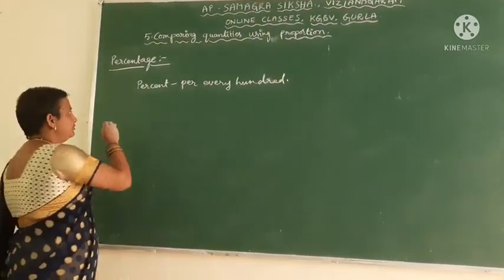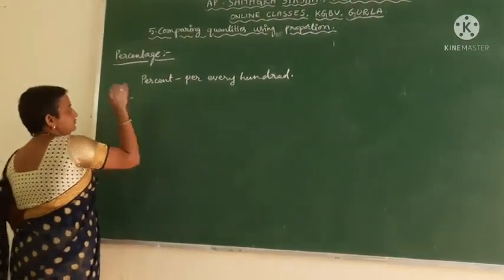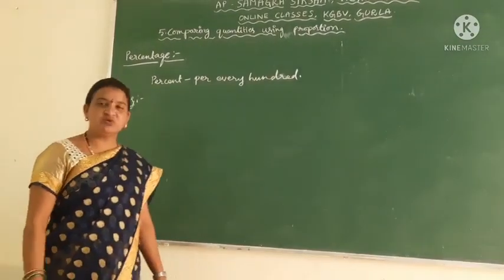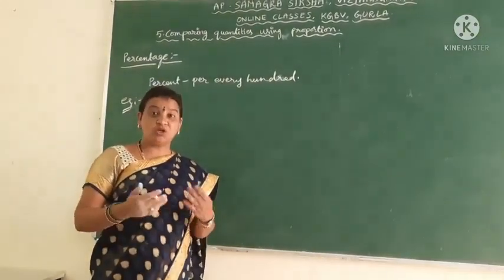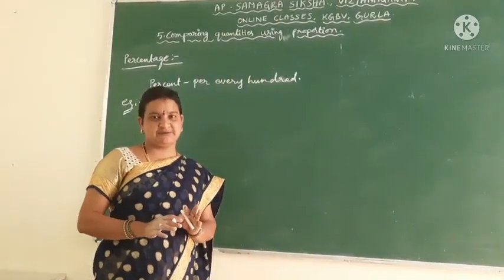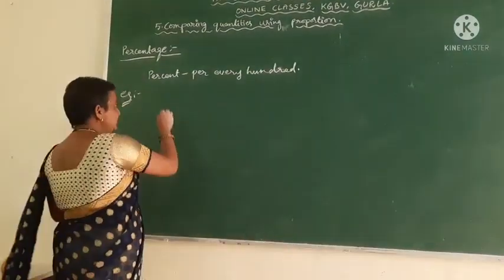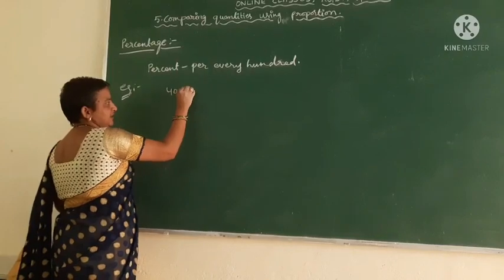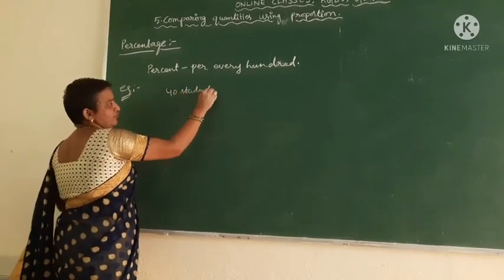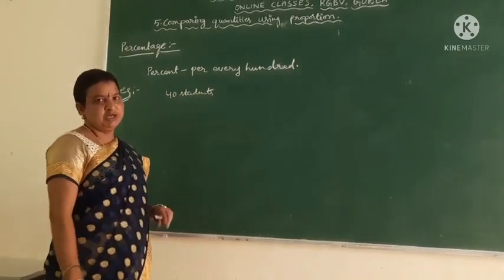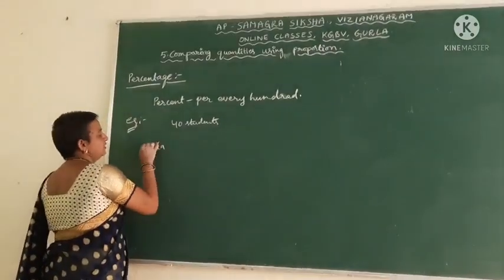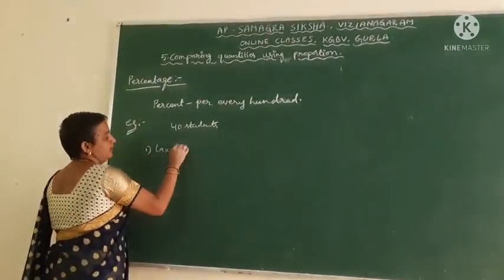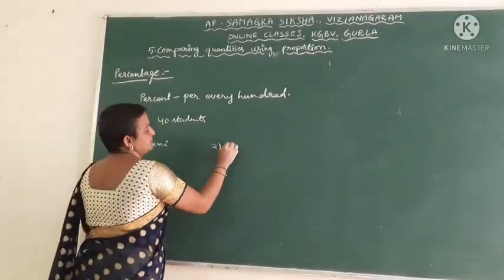A small example. In 8th class, voting was conducted for a class member. There are 40 students in the class. Two students participated. One is Lakshmi and the second one is Sudha.